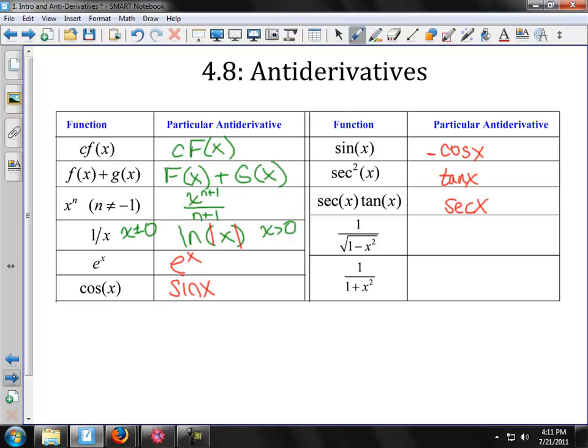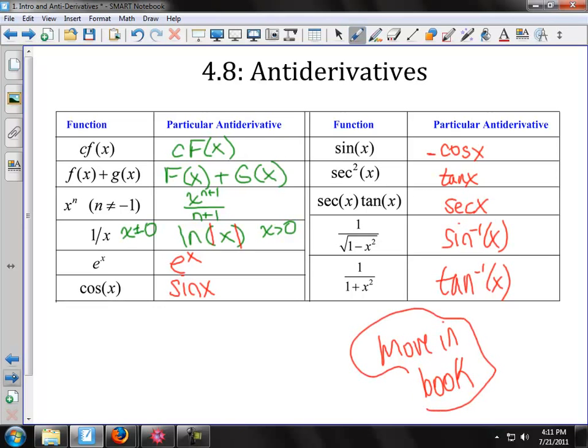So if you take the derivative of inverse sine of x, you actually get 1 over square root of 1 minus x squared. And if you take the derivative of inverse tangent of x, you actually get 1 over 1 plus x squared. Now, there's a chart of a lot more of these in your book. So make sure you look there at all of the functions that you're supposed to have their antiderivatives memorized for.